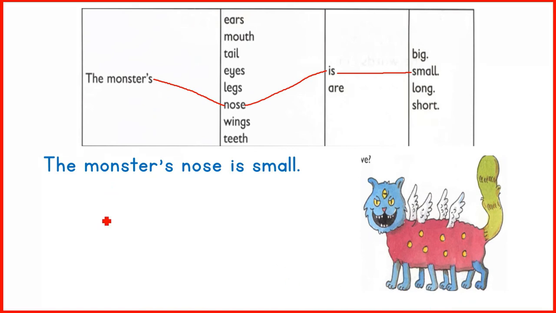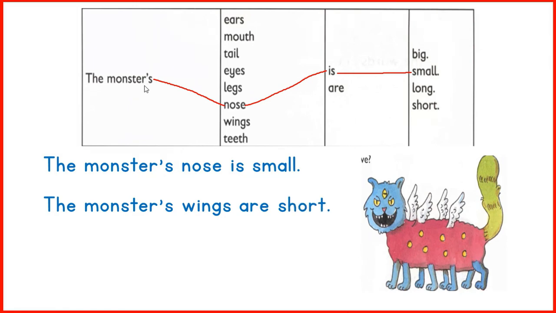The monster's wings is plural. The monster's wings are short. Now comes the next, last, the monster's teeth.